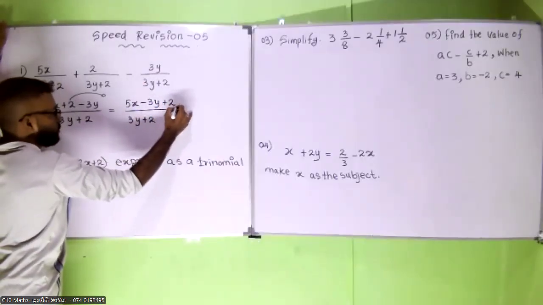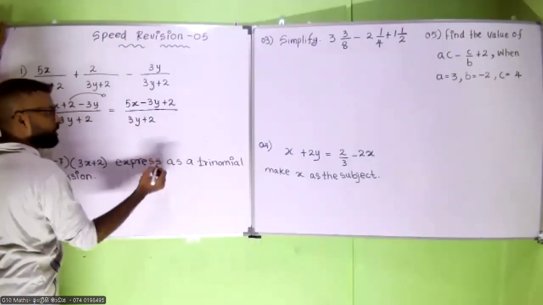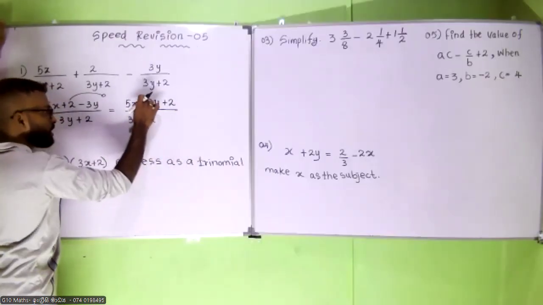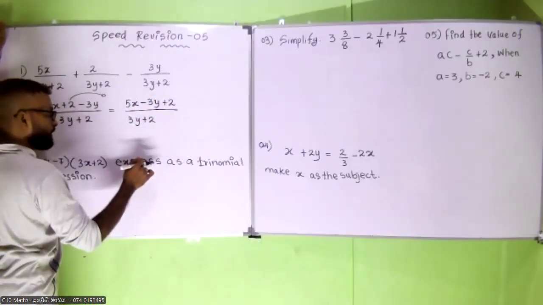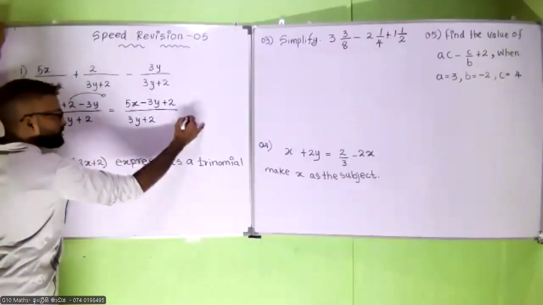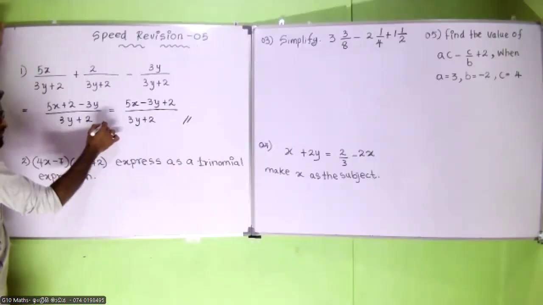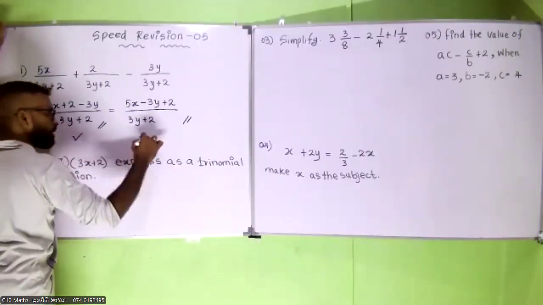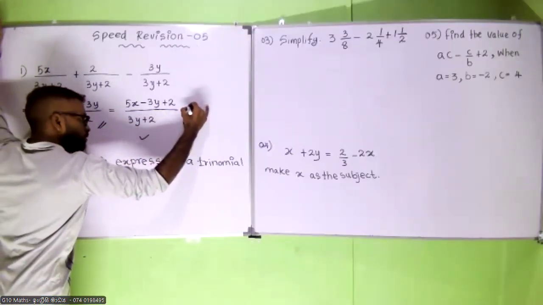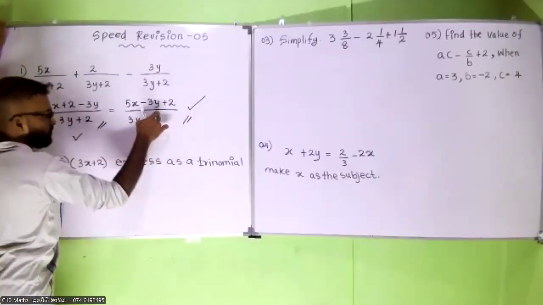This is plus 2. So 5x minus 3y plus 2. This is the standard way, but if you keep your answer like this it is also correct. Both of them are correct, but this is the way that you need to practice.